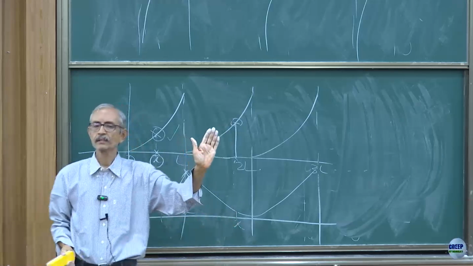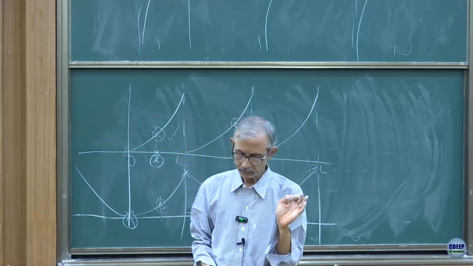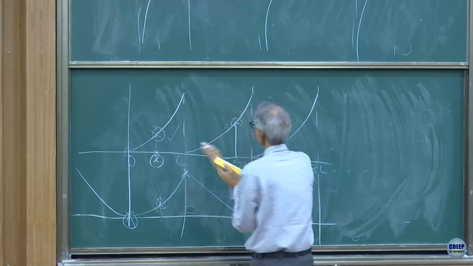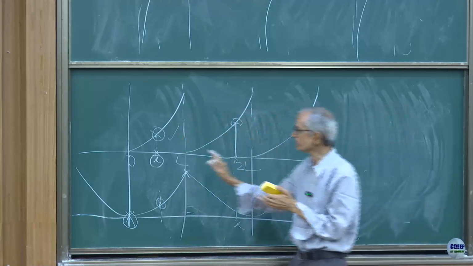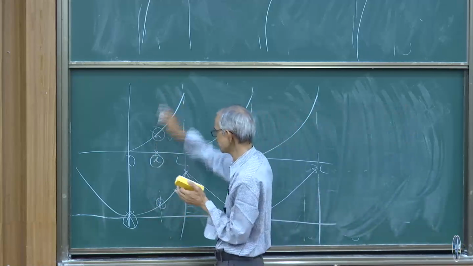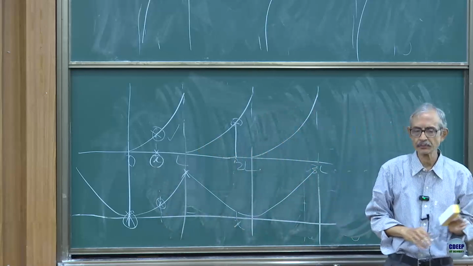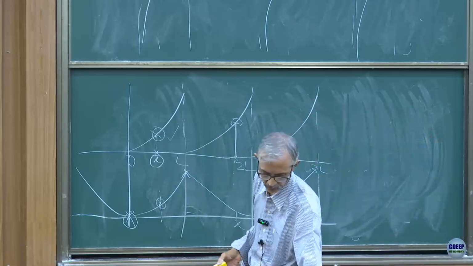So if you have a periodic function, it is prudent on your part to see what it is that you want at large values of x. At a particular value of x, all of these formulations are going to give you the same result. Let's see what these formulations are all about.